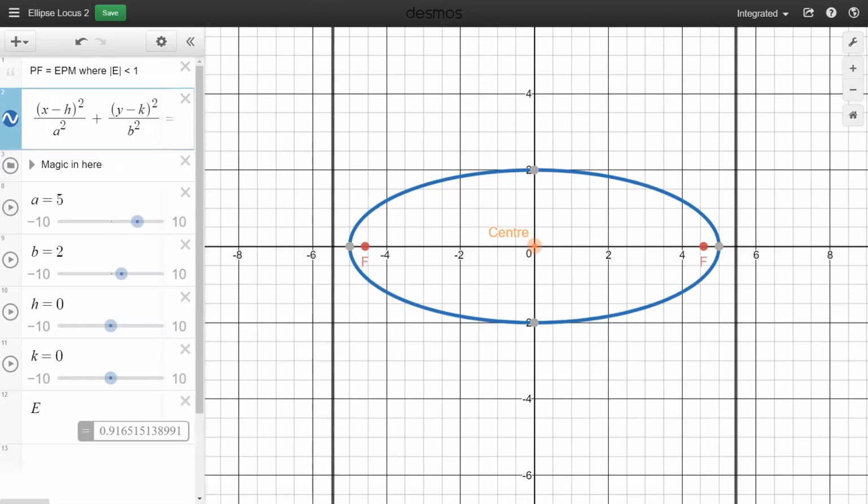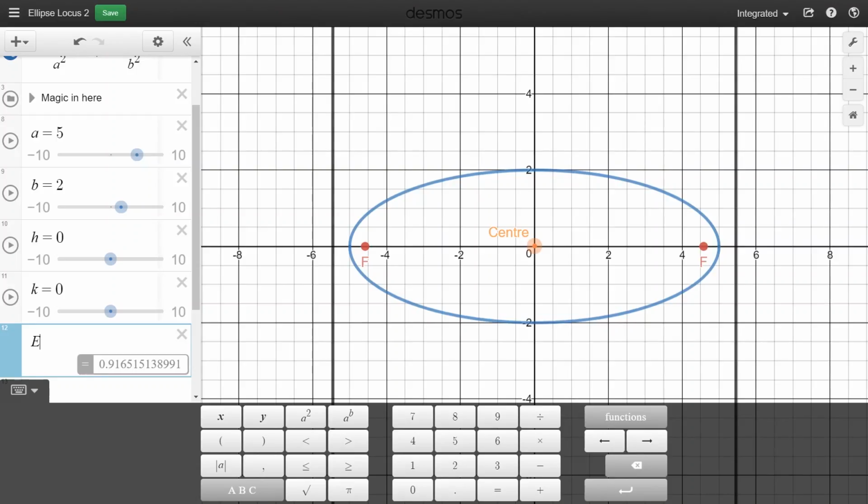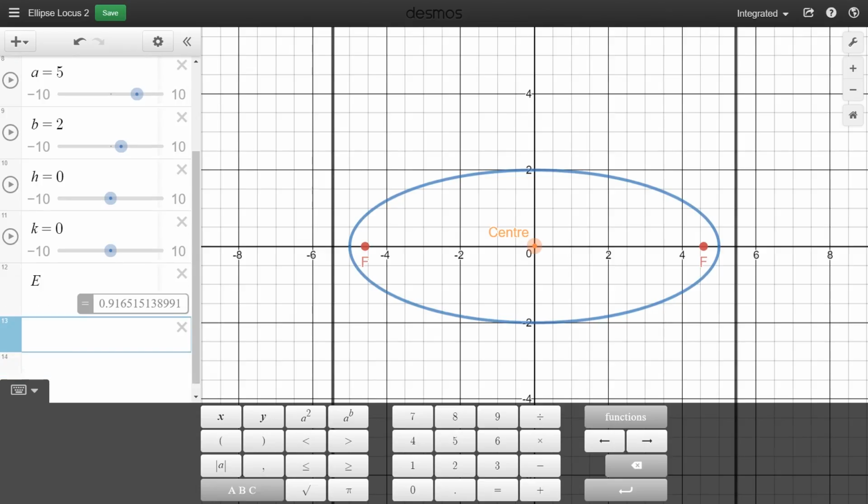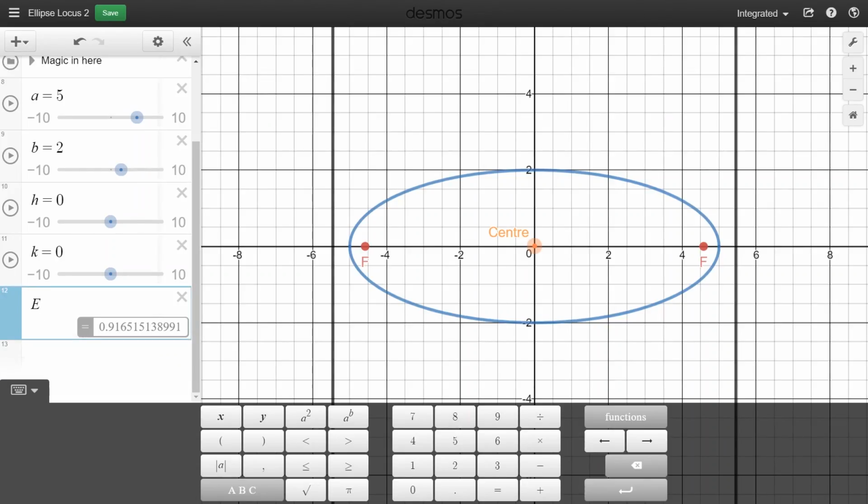And we can read off what the E value is approximately. Now this E value is capital because Desmos doesn't like using the lowercase e. The lowercase e is Euler's number, which is around about 2.7, and that's a very particular number.